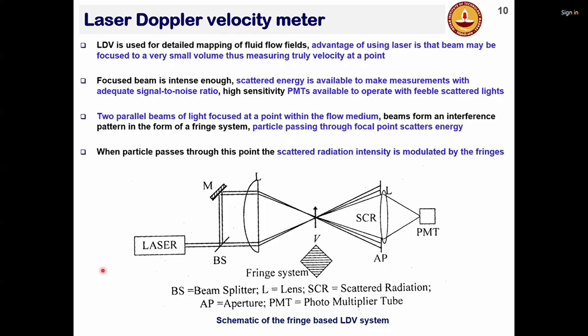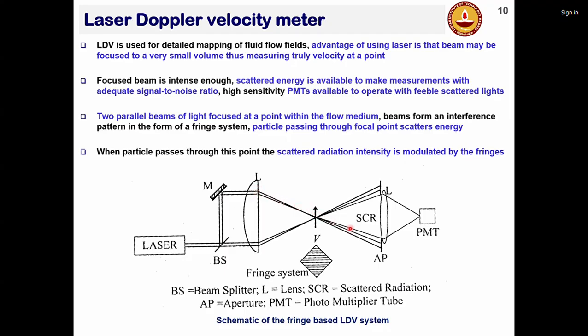So what happens really is that you have a laser, and this laser generates a beam, and this beam gets split. This is a beam splitter, and one beam moves straight and falls on this lens. The other beam goes perpendicular and gets reflected at this mirror, and again falls on the lens.